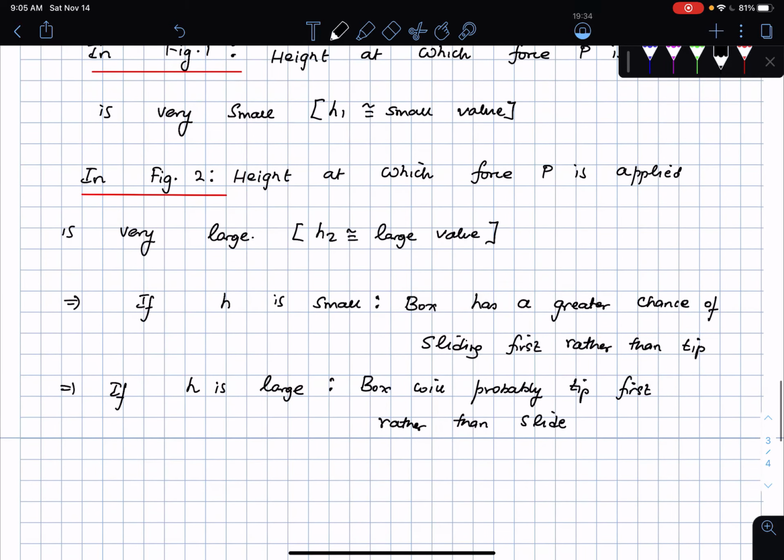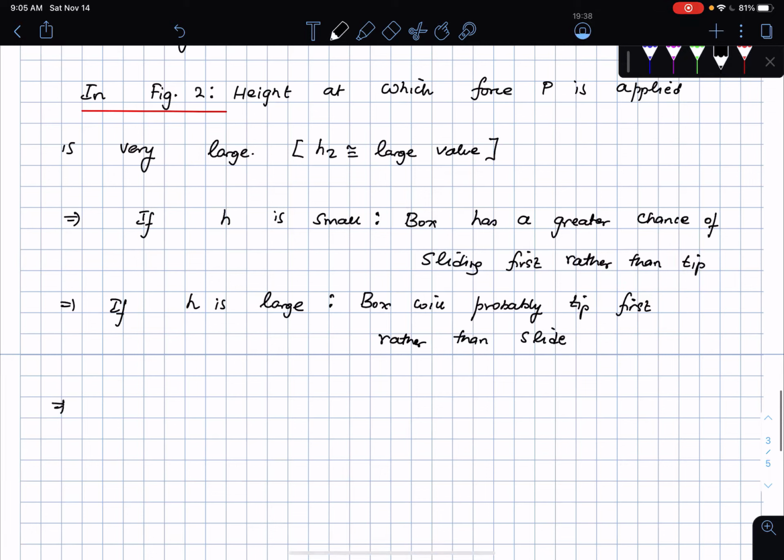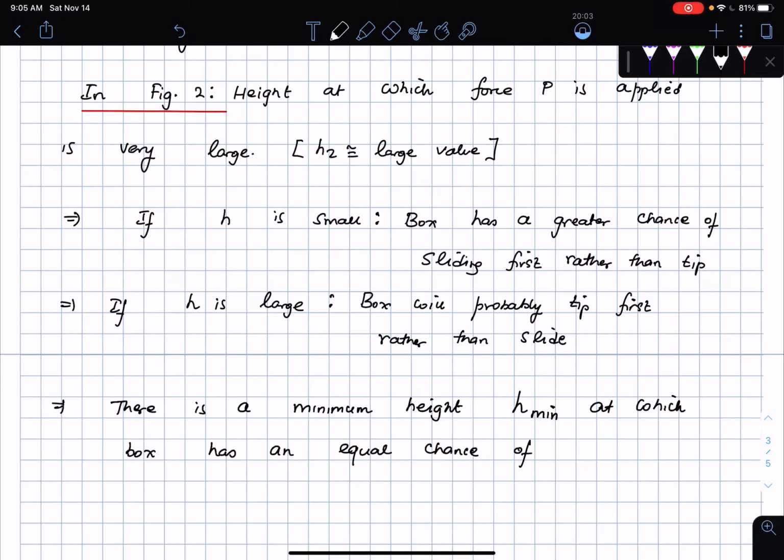Which implies that there is a minimum height. So this implies there is a minimum height h minimum at which the box has an equal chance of tipping and sliding at the same time.